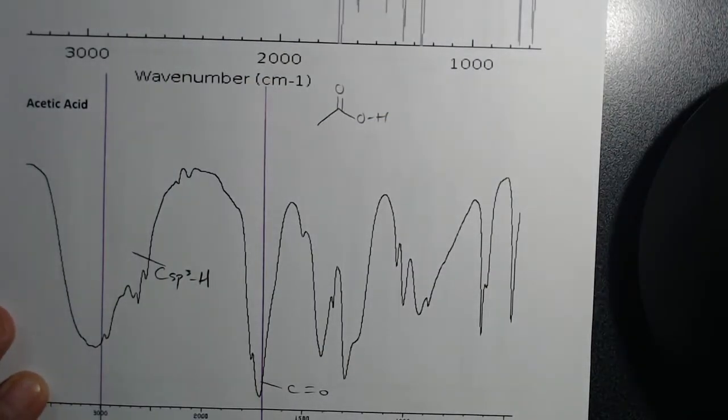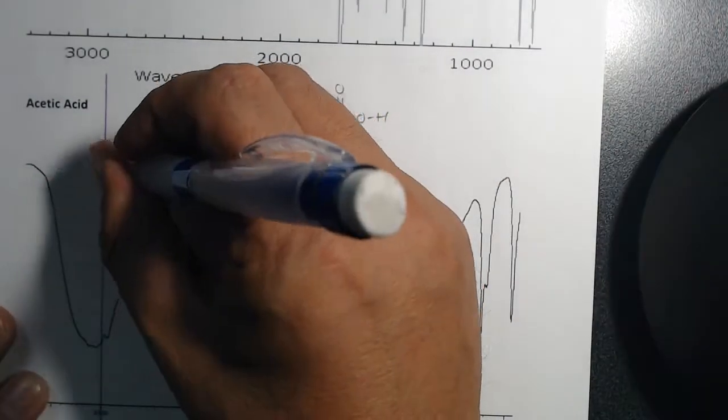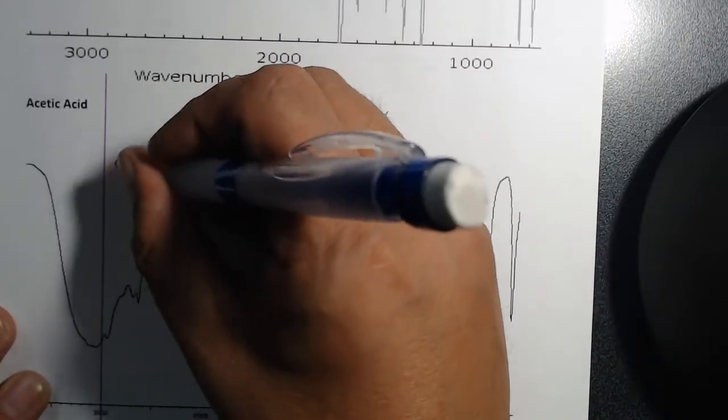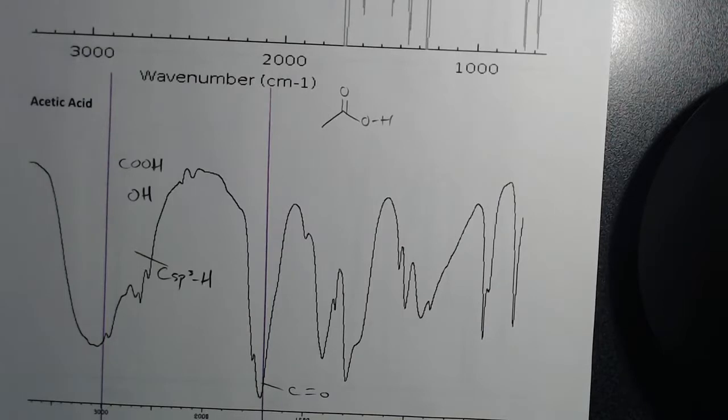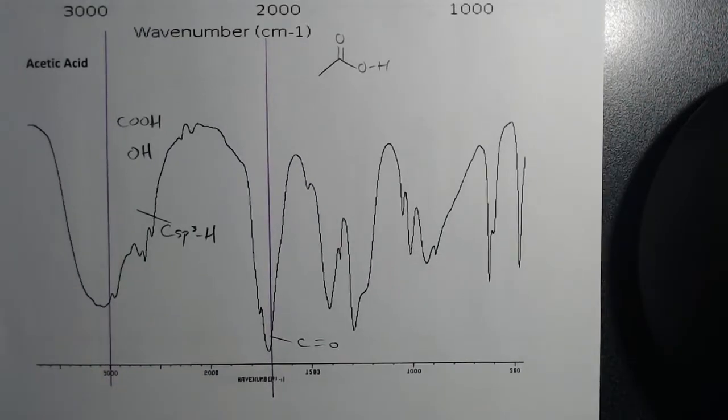This is the carboxylic acid OH. So it is a COOH OH. If you compare this to the alcohol earlier, this is actually really broad. The one from the alcohol kept itself contained to the left of 3000. If it's kind of wiping out across to the right of 3000, that is a carboxylic acid OH.